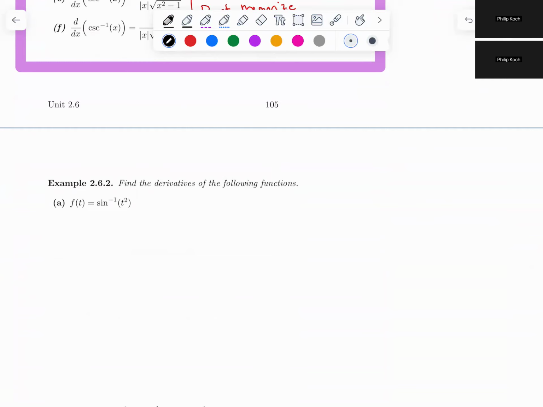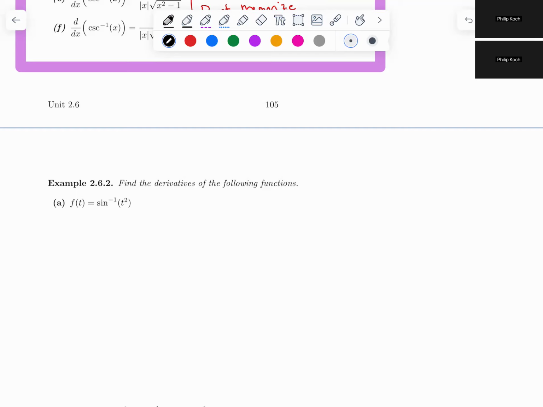If you want to change it to arc sine or arc tangent or arc cotangent or whatever, be my guest. But in my class, sine inverse like that does not mean sine of x to the -1. That means inverse sine. Please do not make that mistake. I'll try to make sure on quizzes and exams that I'm very particular about it. I will say that is the inverse function, not the -1 power.